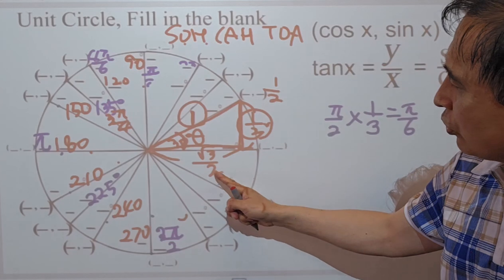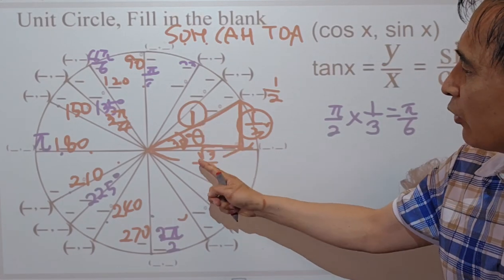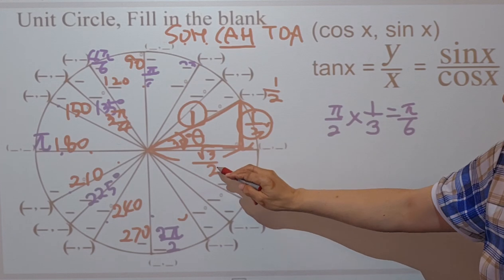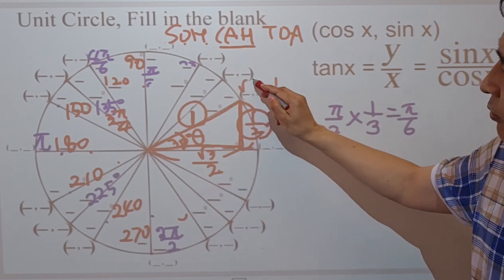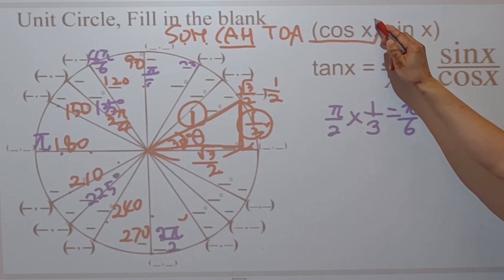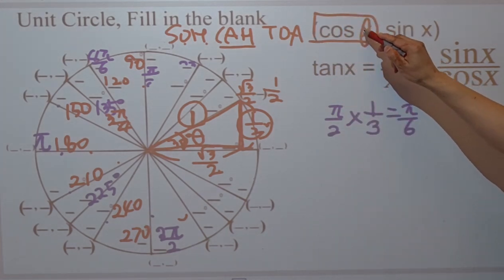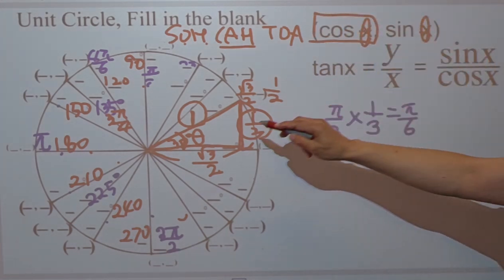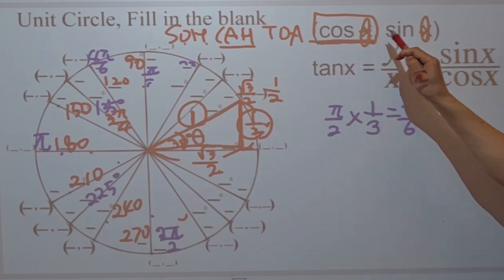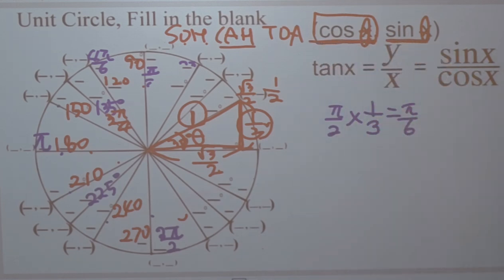And here, root 3 over 2 over 1, that's cosine, adjacent over hypotenuse, right? So that's root 3 over 2. Oh, that's the x value. So x value is cosine theta, y value is sine theta when you say this is theta. So all the time, cosine is x value, sine is y value, right?